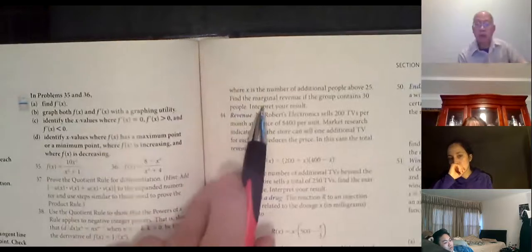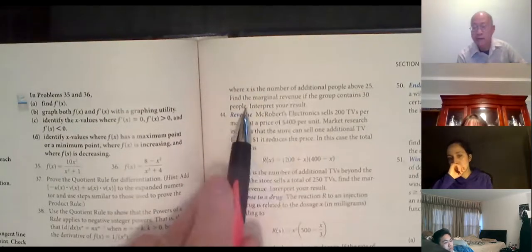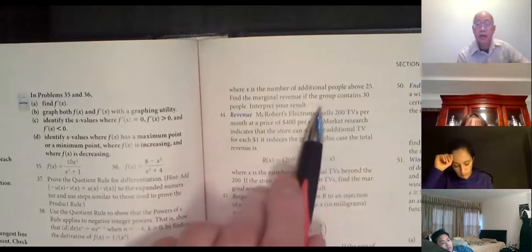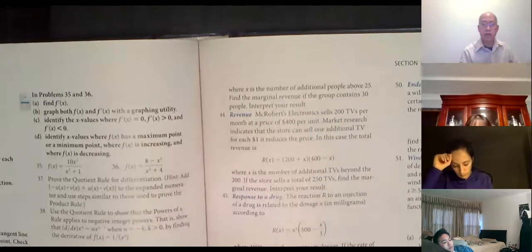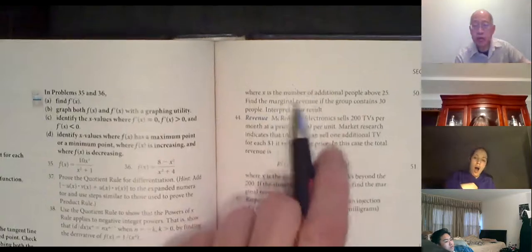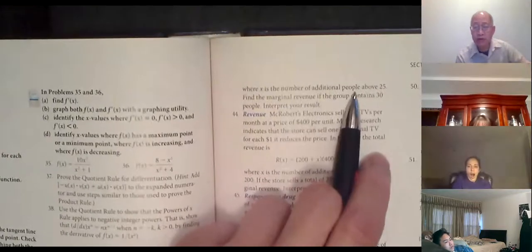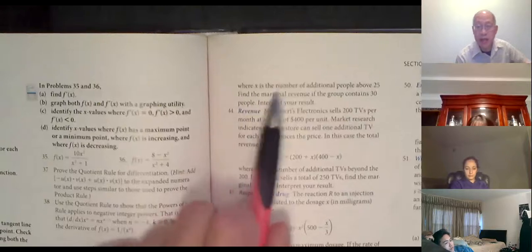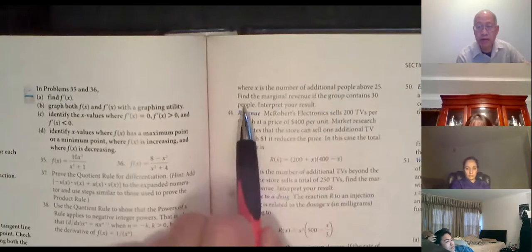All right, so find the marginal revenue. Aha, derivative. Right? And here's the other tricky thing. X is the additional people after 25. It says right here, where x is the number of additional people above 25.